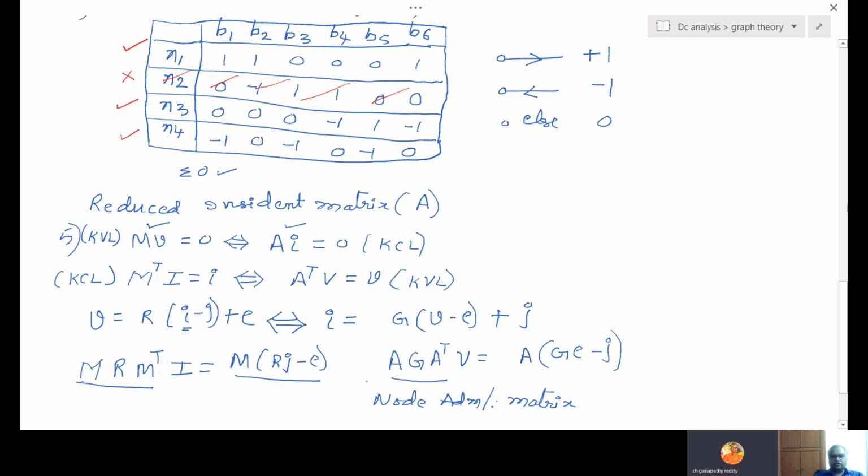Loop voltage source vector. This one is node current source vector.